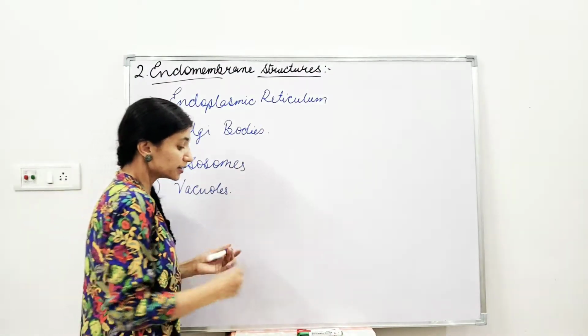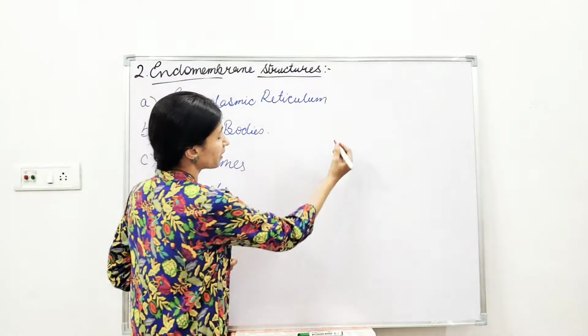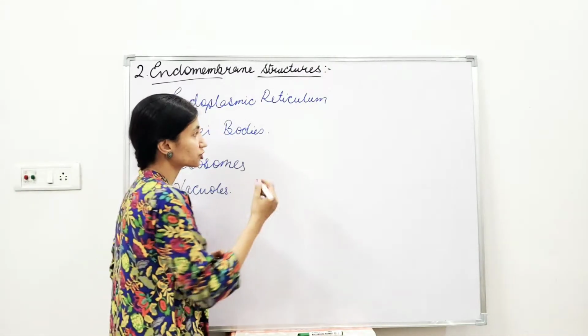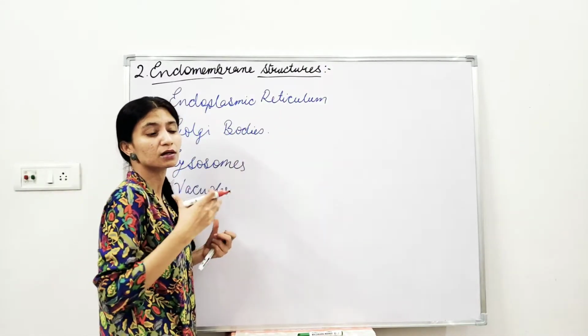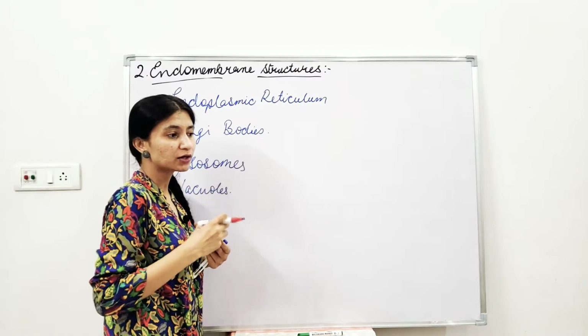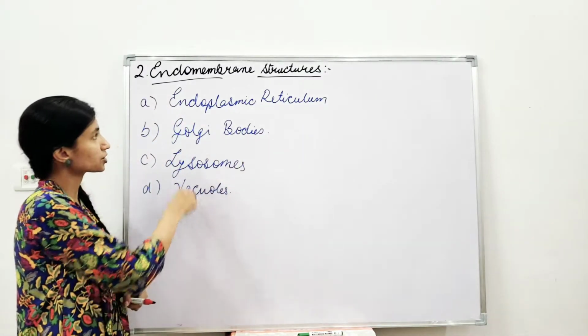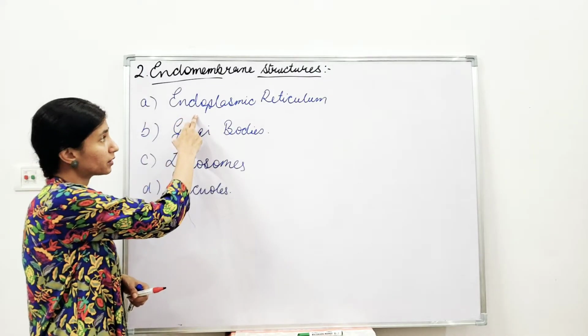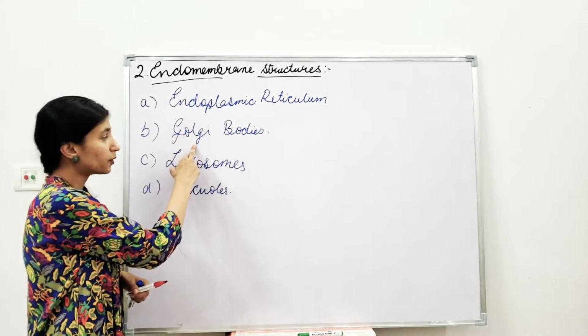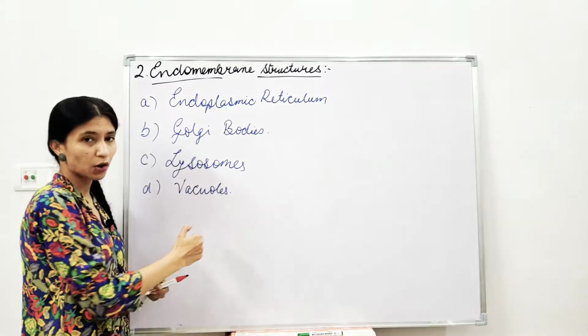Other than this, there are other organelles, but they are not part of the endomembrane structure, which means they do not work in close contact with each other. All these 4 which I have discussed just now, endoplasmic reticulum, Golgi bodies, lysosomes and vacuoles, work in coordination.